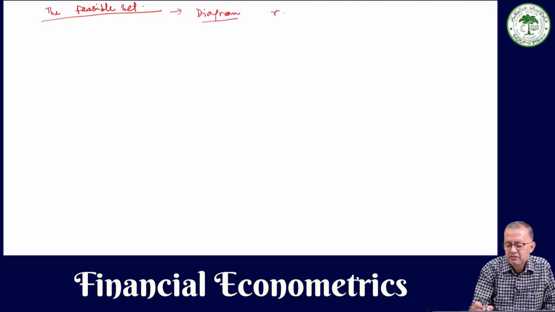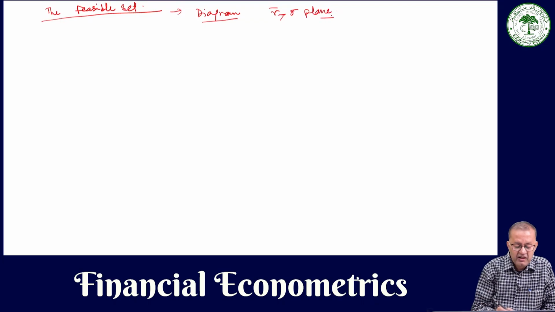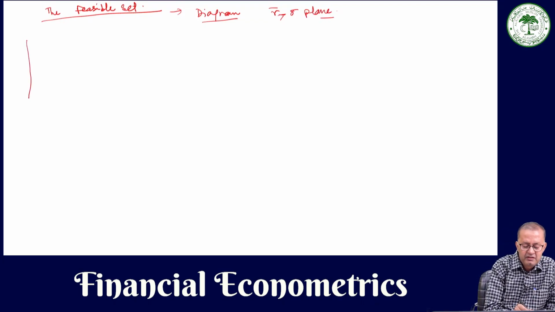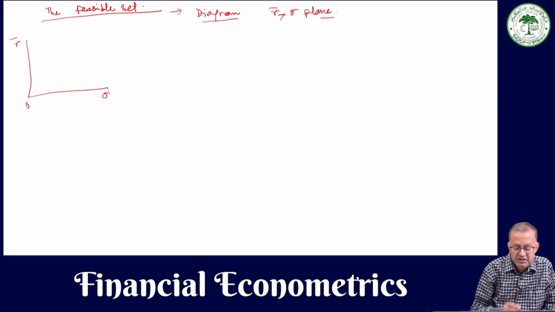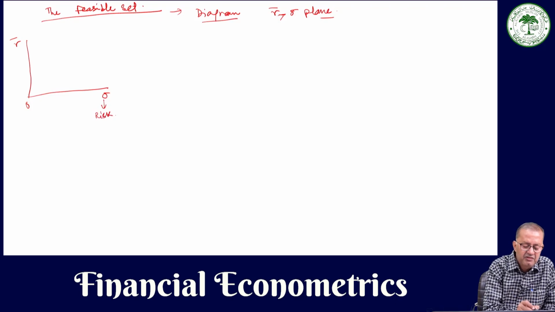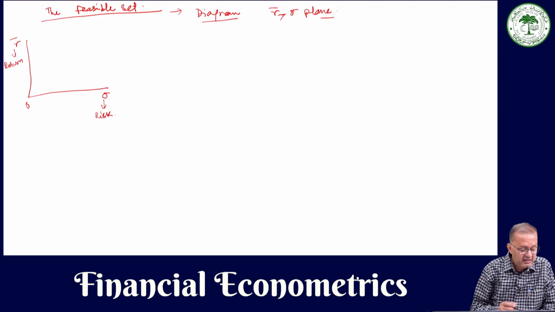in the R-sigma plane. Means on one axis we'll be taking the mean rate of return and on the other axis we'll be taking the standard deviation of return on assets, which reflects the risk factor, and the mean reflects the average return factor.